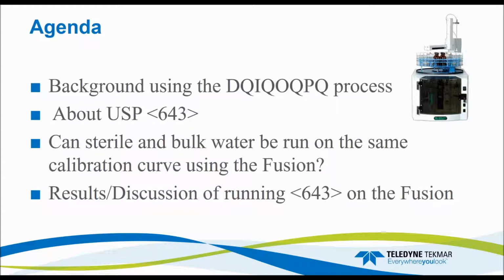And then the challenge for today is, can sterile and bulk water be run on the same calibration curve using the Fusion? So can that 0.5 ppm carbon and that 8 ppm carbon be run on the same calibration curve? Of course, that would save you time of running and make it easier for you as well. And then we're going to discuss the results that I got from running method 643 on the Fusion.